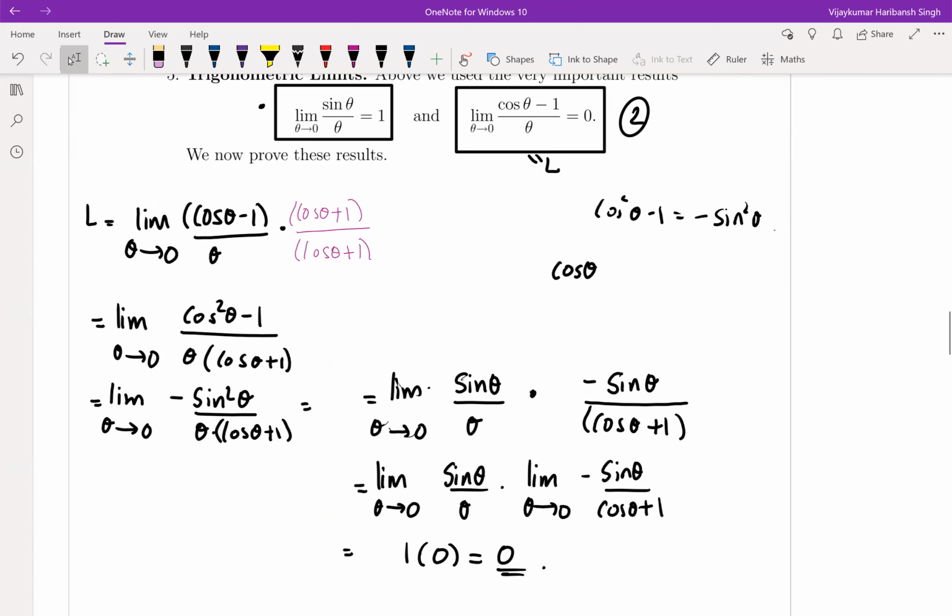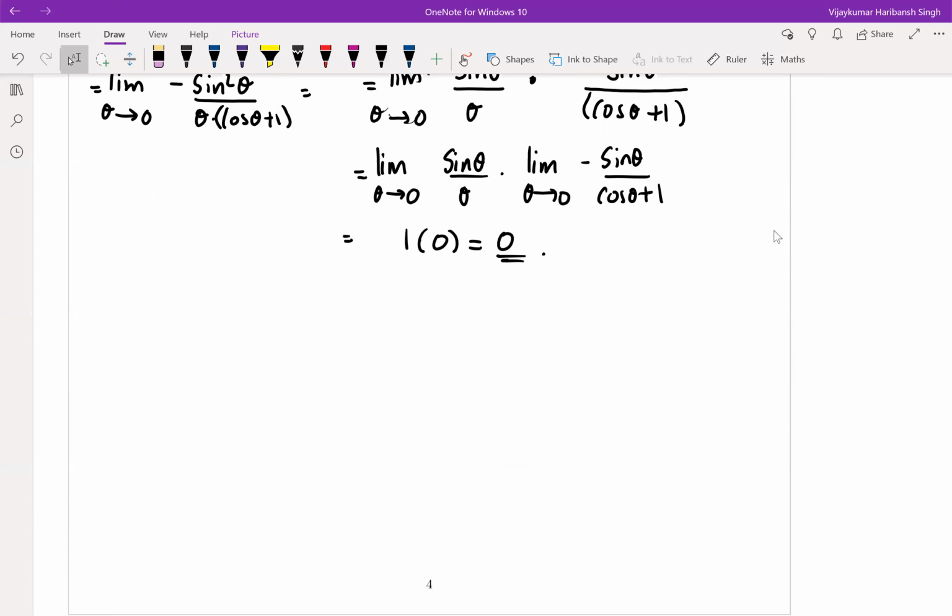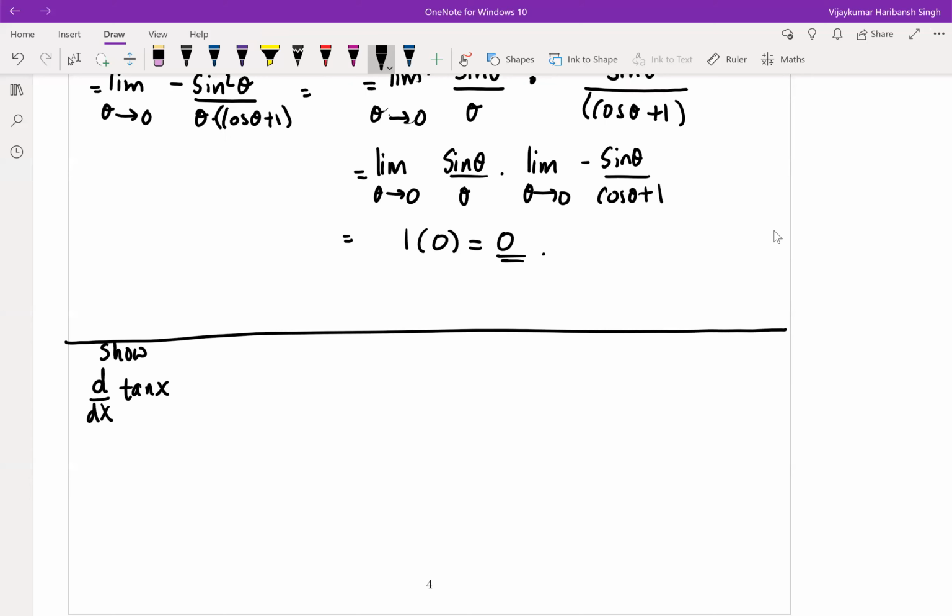Now let's prove the following. What is the derivative of tan theta, or tan x, because we are differentiating with respect to x? Rather, let me ask the following: show that derivative of tan x is secant square x.